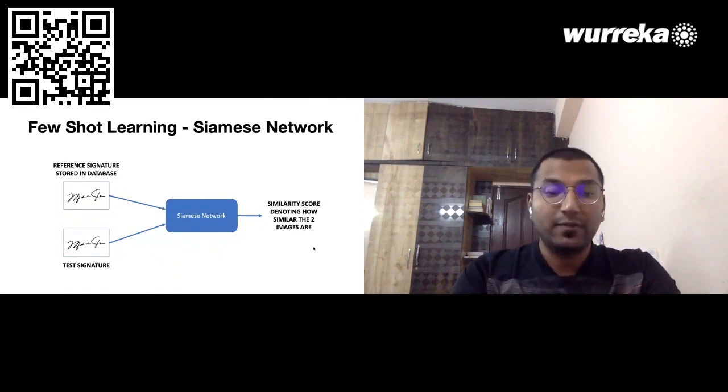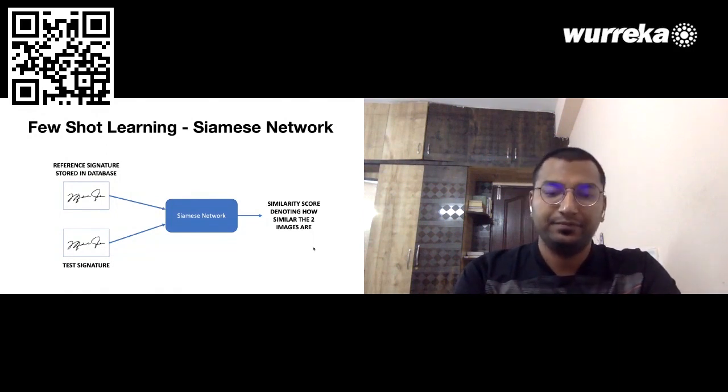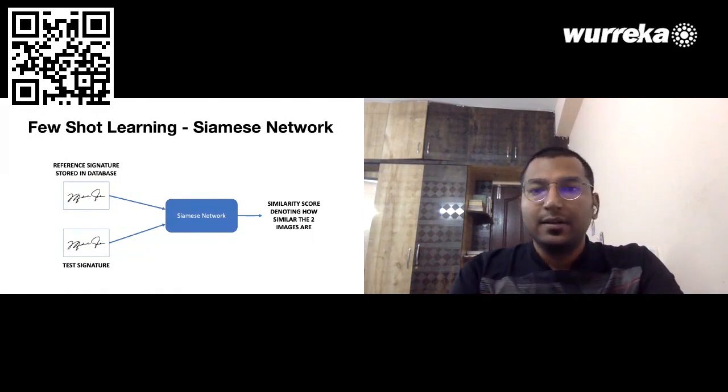Now, in order for the network to detect his signature, we only require a single image of his signature, and we can just use that for identifying whether the signature is forged or genuine. We don't have to retrain the model. Using this reference image, the network will calculate the similarity for any other new instances presented to it.